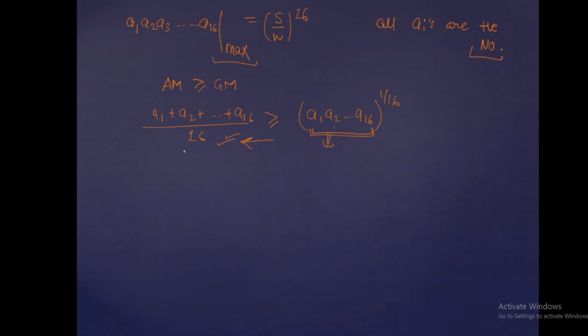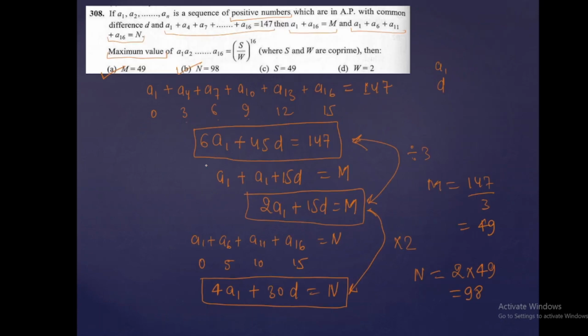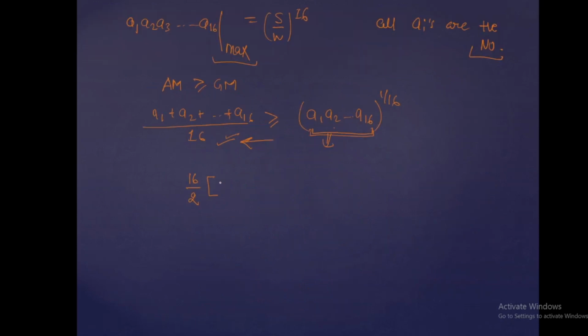So the summation of A1 to A16, we can write as 16 terms divided by 2 times A1 plus A16, and we have the information that A1 plus A16 is N, and we have this value 49.